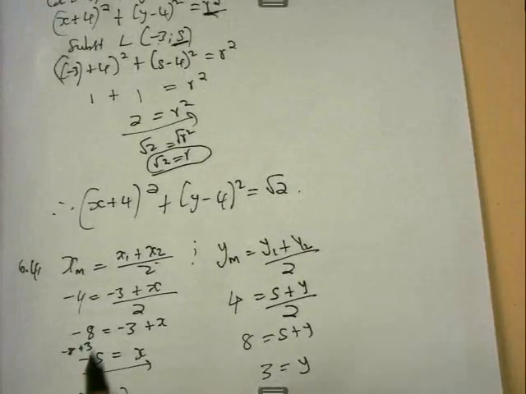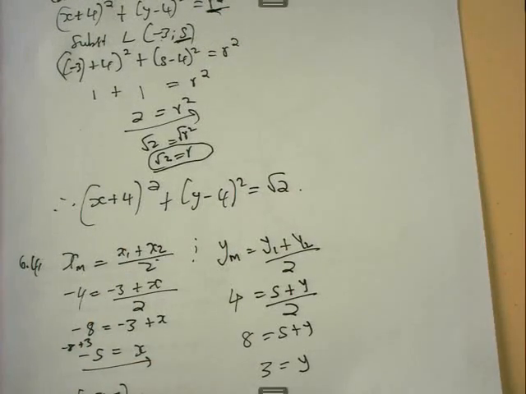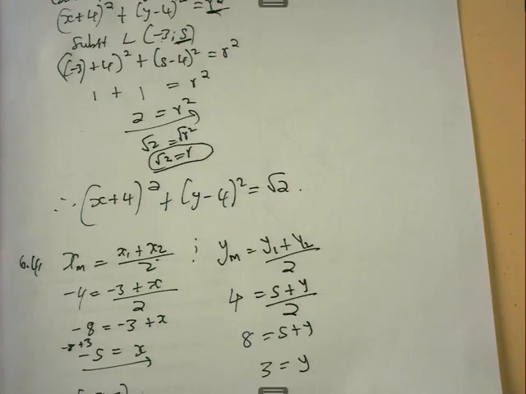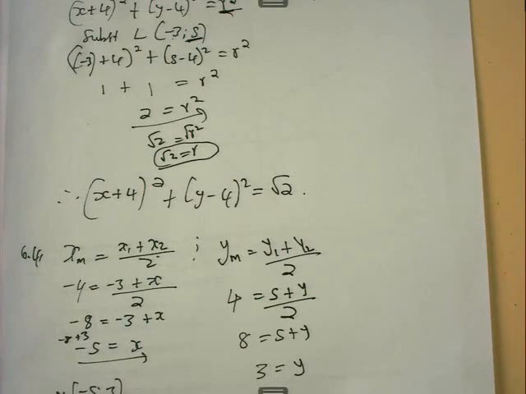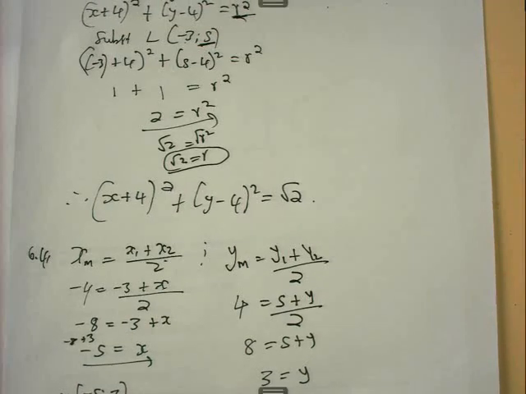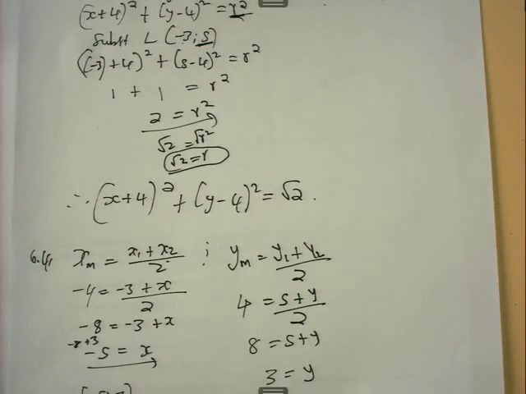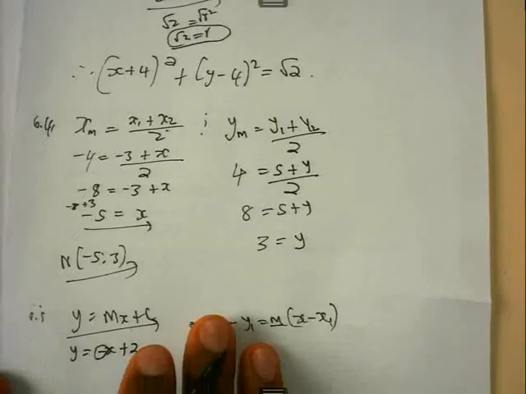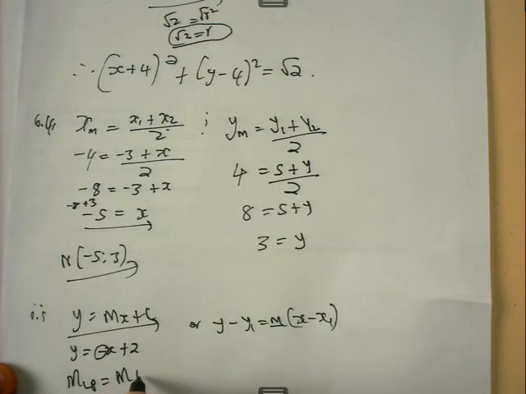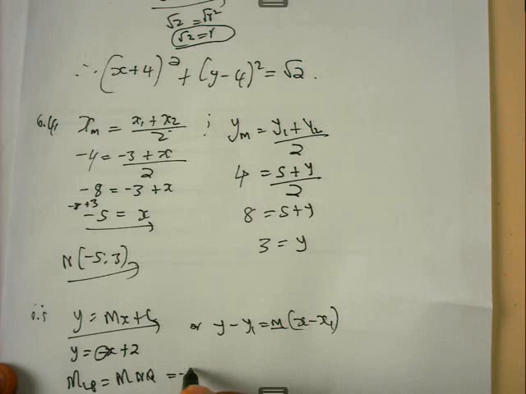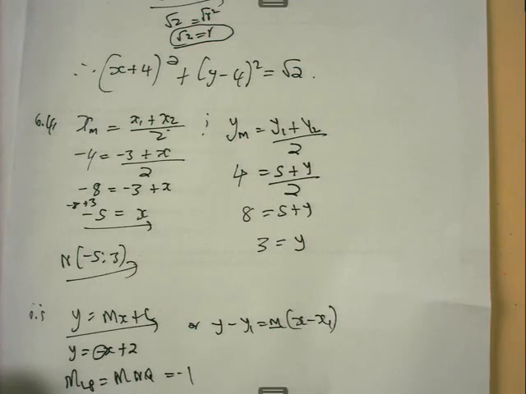Now, you remember the equation of LP. The equation of LP then is y equals what? Minus x plus 2. Then immediately we can see the gradient is minus 1. Therefore, since these two lines are parallel, the gradient of LP is equal to the gradient of NQ, which is equal to negative 1.